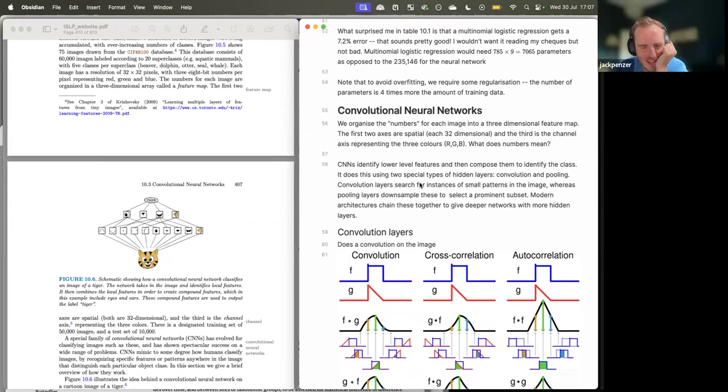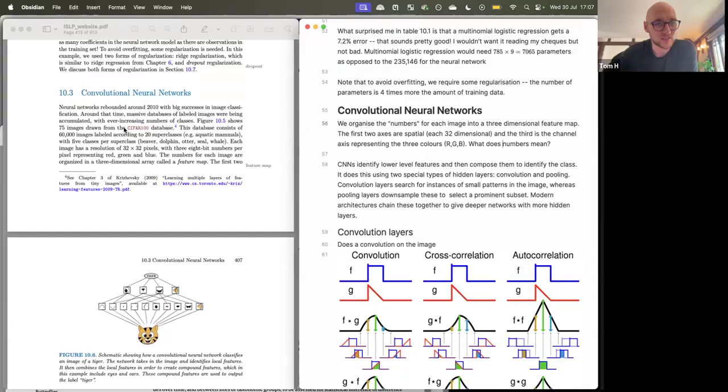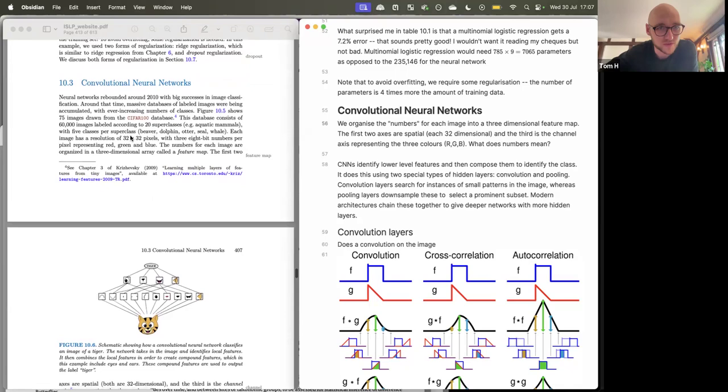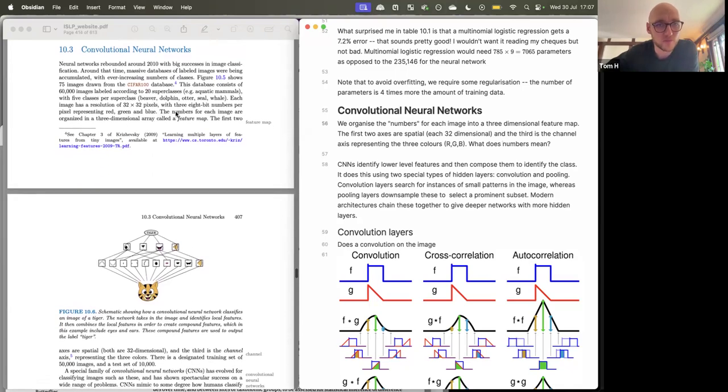You quoted numbers, right? Is that something from the MNIST data maybe? So this is probably in the CIFAR. Yes, okay. I was a bit confused by how it arranges it. The numbers for each image are organized into a three-dimensional array called a feature map.